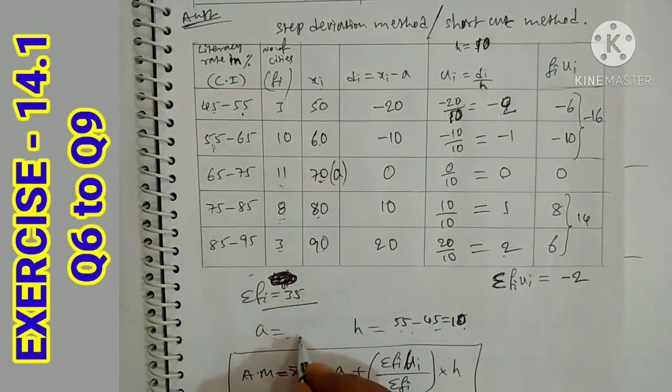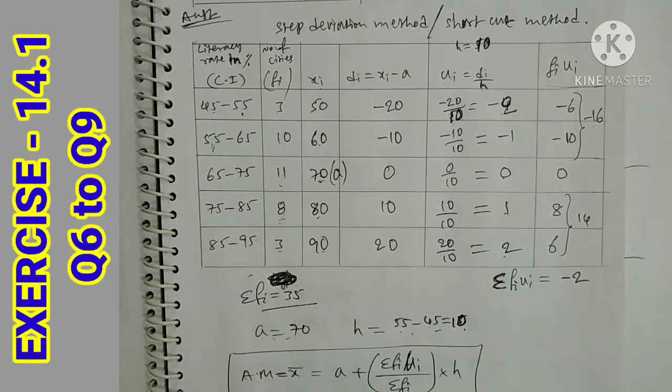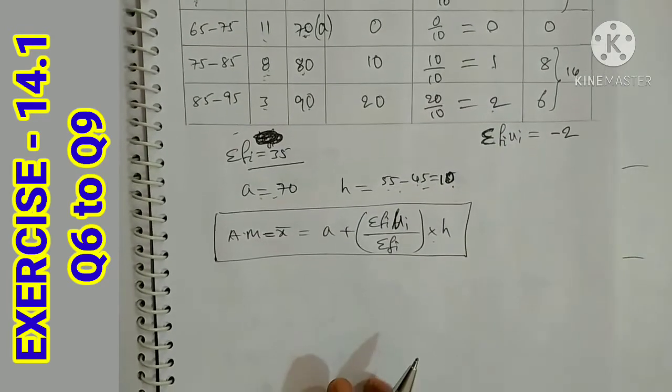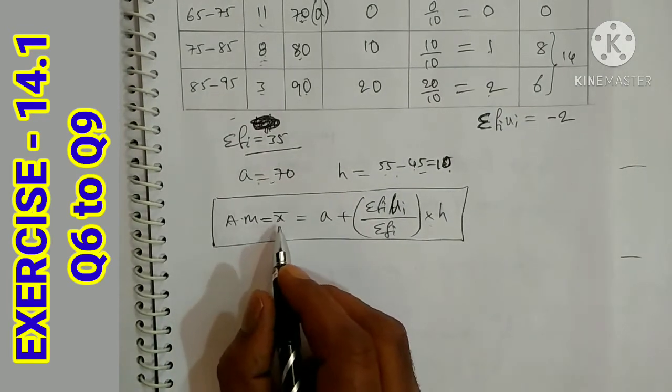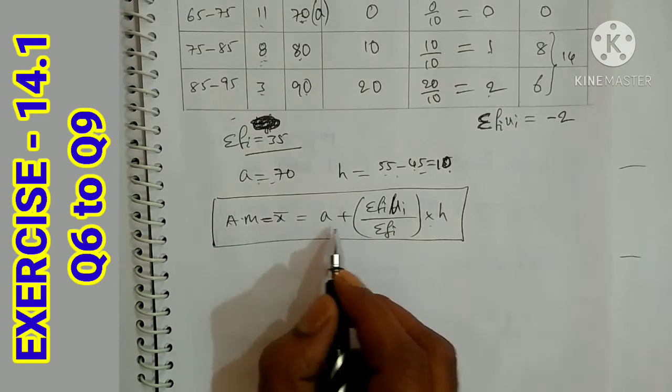So the A value we have assumed is 70. These values we substitute in this formula. Here you have the formula for the step deviation method or direct shortcut method.